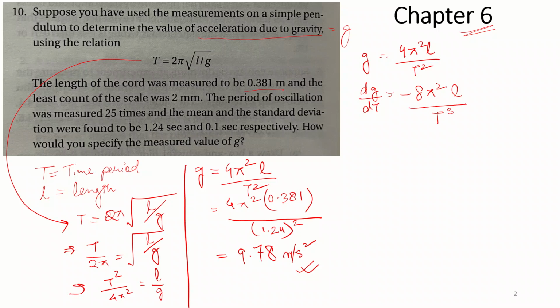Okay, sorry, yeah. After differentiation you will get this. I'm not going into the basics of how to do it because it's not part of this, but these are the basic rules. So dg will be 8 pi square L by t cube into dt. Now you can input the values of all the terms.